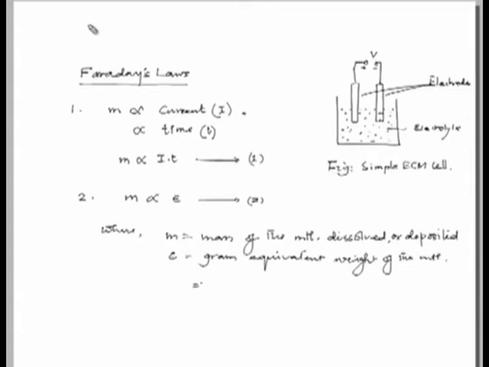This can also be expressed as A by Z, where A is the atomic weight of the material and Z is the valency of the ions produced.